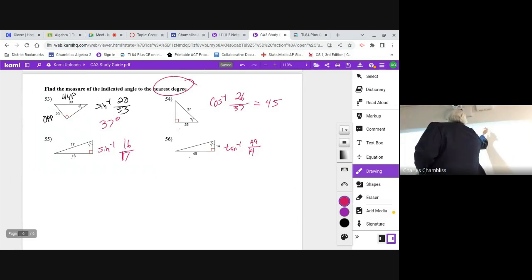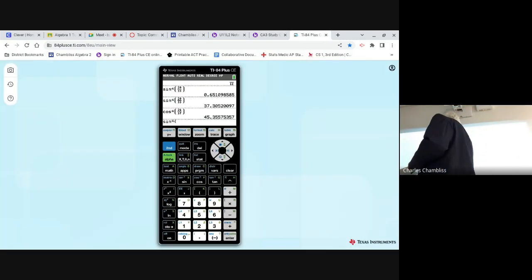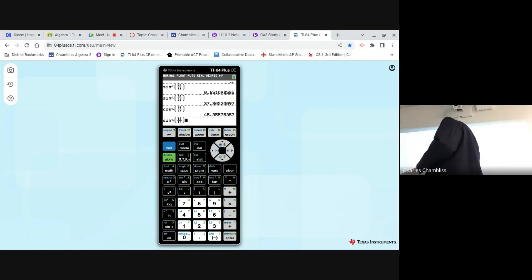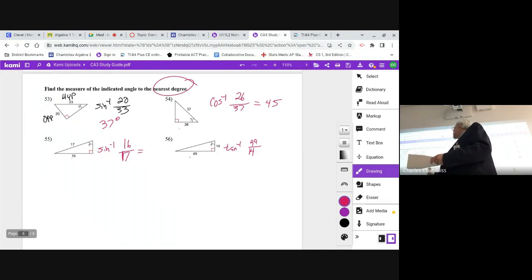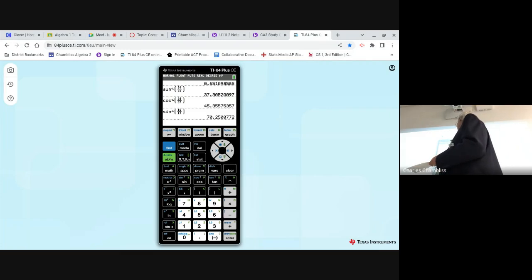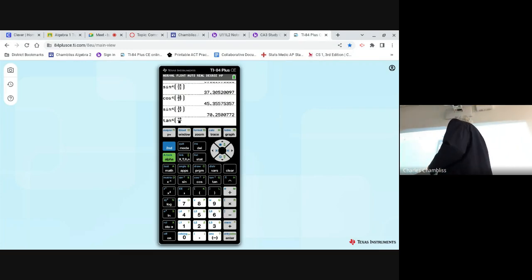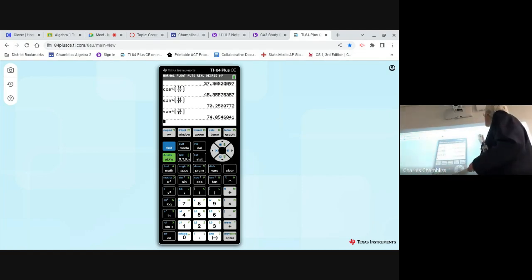Inverse sine of 16 over 17 is 70. And inverse tan, 49 over 14 is 74.